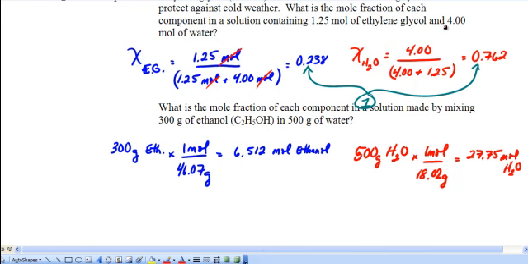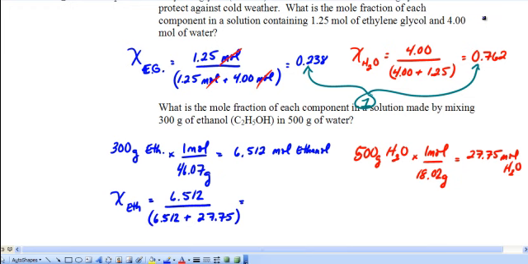So therefore, if you wanted to determine the mole fractions, we'll go ahead and do the ethanol first. The mole fraction of ethanol will be 6.512 divided by the 6.512 plus the 27.75.